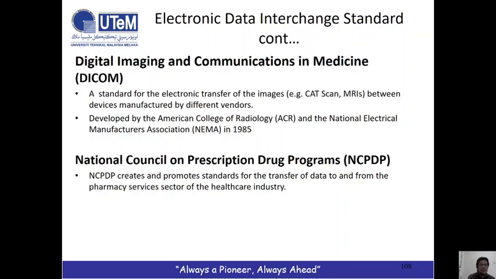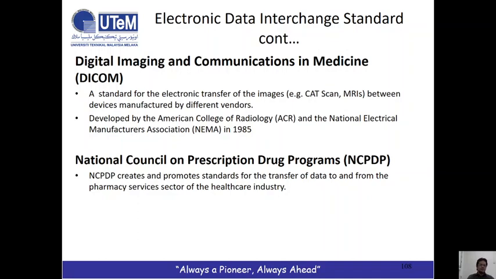It is a standard for the electronic transfer of images, for example CAT scan, MRI, CT scan, and so on.